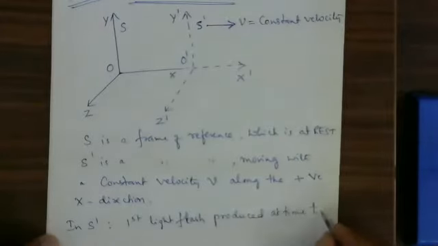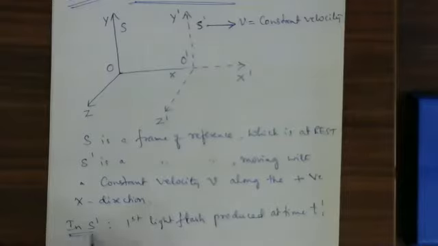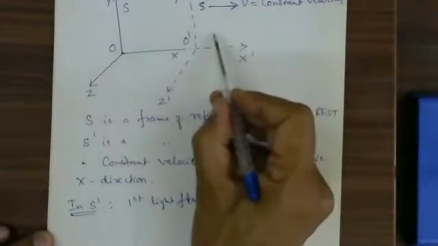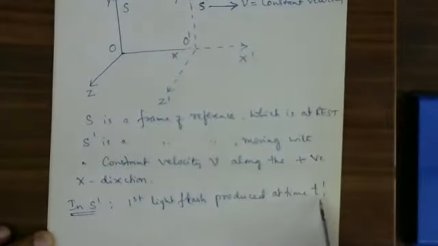Why I have chosen T1 dash? Because it is in S dash. First flash of light. First light flash produced in S dash at a time interval of T1 dash.